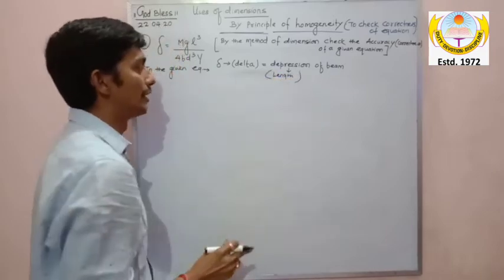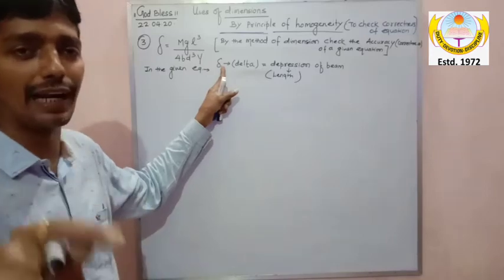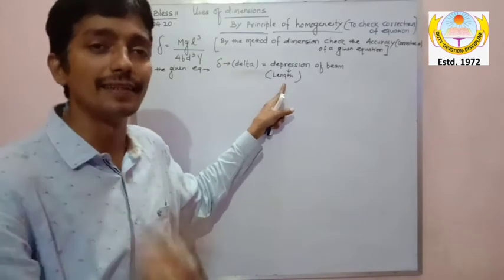Take care, so that you know what the dimension for delta should be. It is the dimension of length.